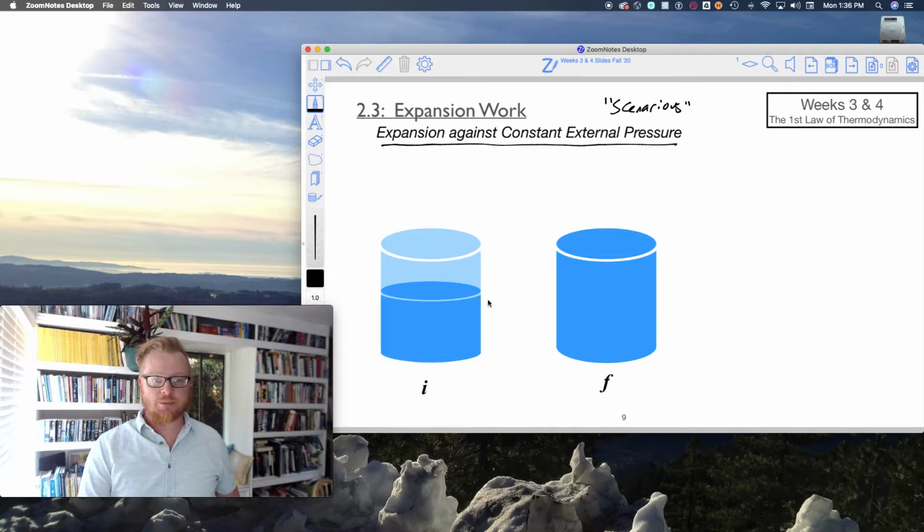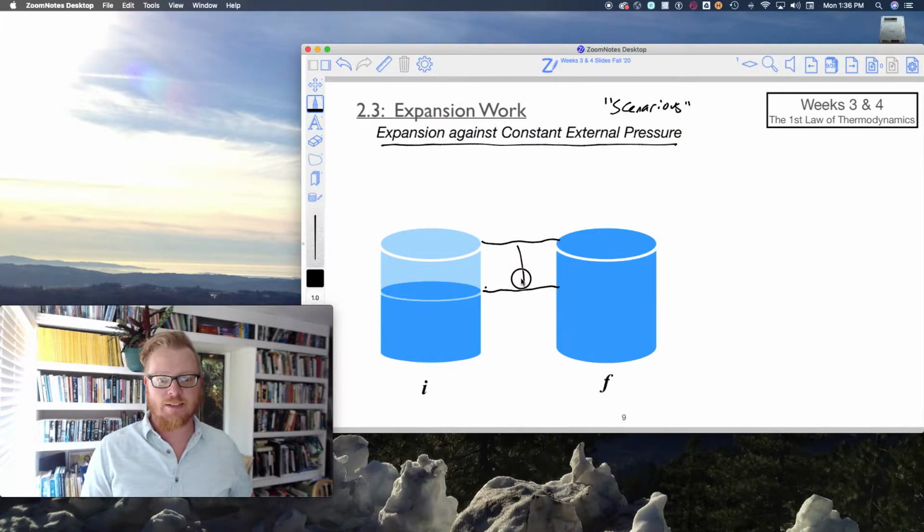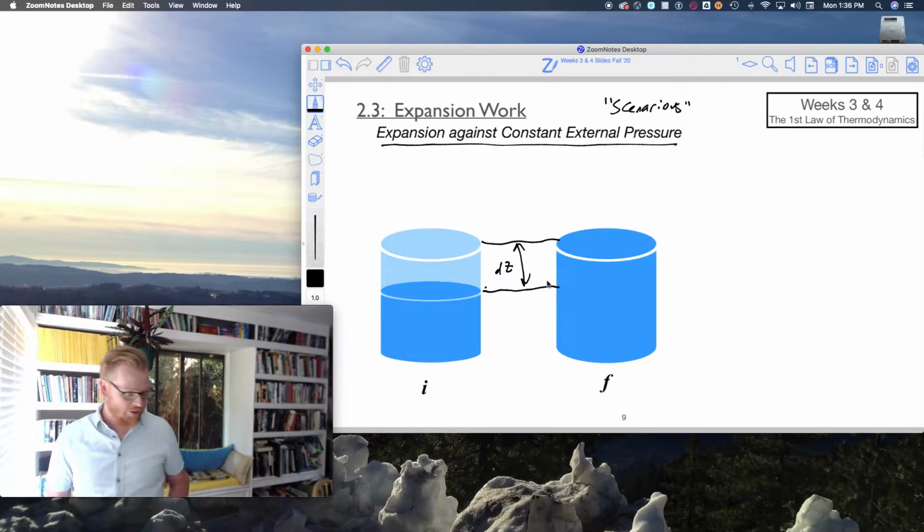So in this first scenario, we have expansion work, and it's expanding against a constant external pressure, okay? So we have two cylinders. Let's say the initial state looks like this and the final state looks like this. You can see in this scenario, the cylinder is expanding, and I'll say it's expanding by height dz from the initial to the final state.